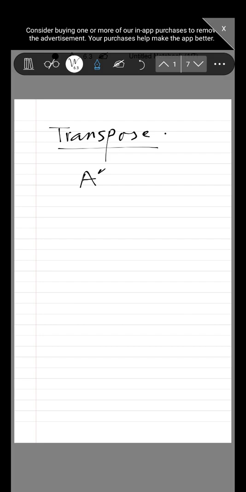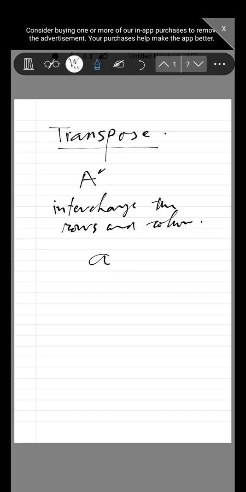So it simply means that we interchange the rows and the columns. That means Aij will now be replaced by Aji, and vice versa.